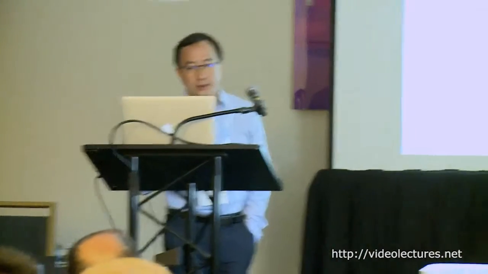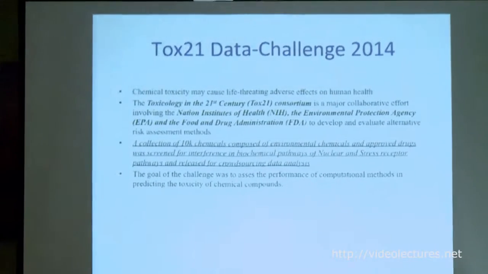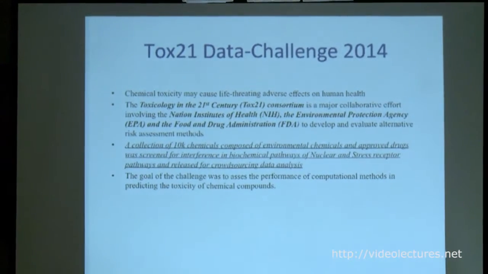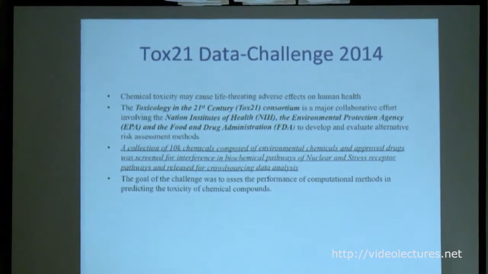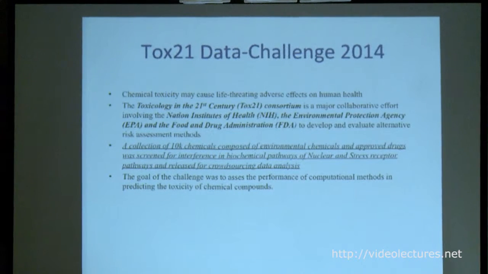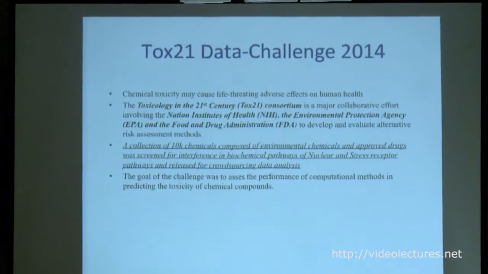Okay, so two years later, the EPA, the NIH and the FDA worked together and organized this Tox21 data challenge. Basically, the idea is to use crowdsourcing to collect the data and then release the data to the research community. You can use whatever method to build whatever model you want.